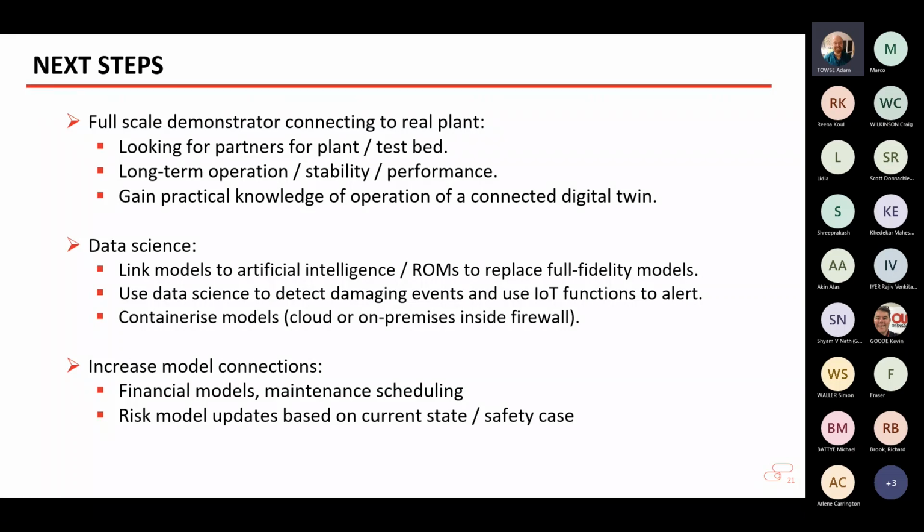This whole project probably only lasted 3 months end to end. So there will be issues associated with the usual things you get with data, like quantity, security, dropouts, stability, all that kind of stuff, and we want to get some practical knowledge of how this would actually work in a real plant.